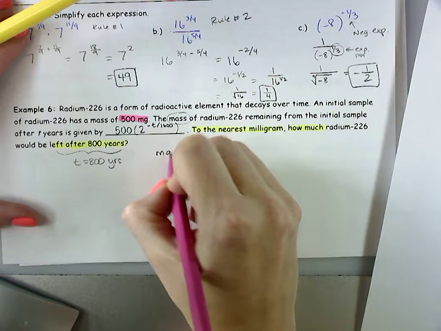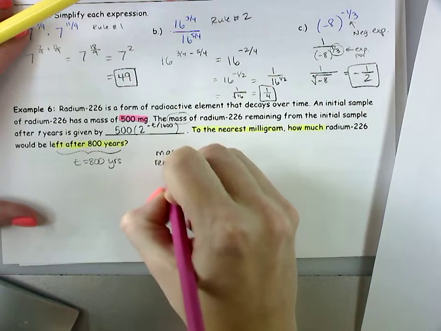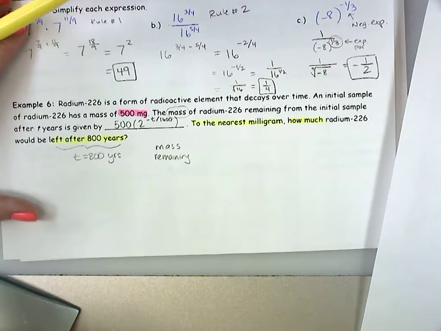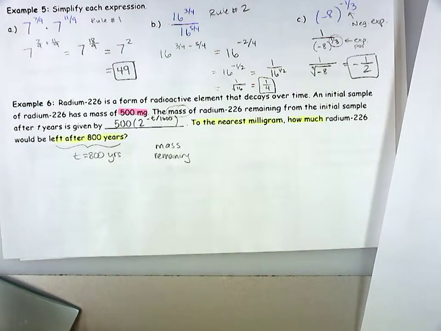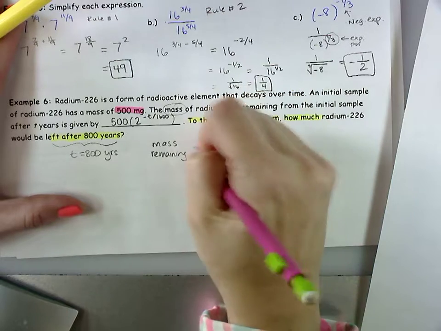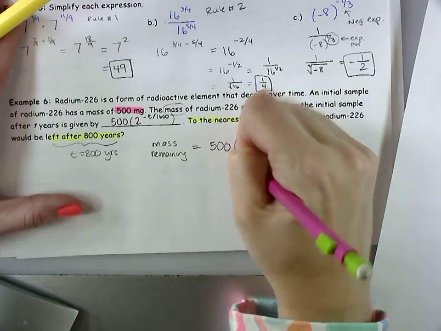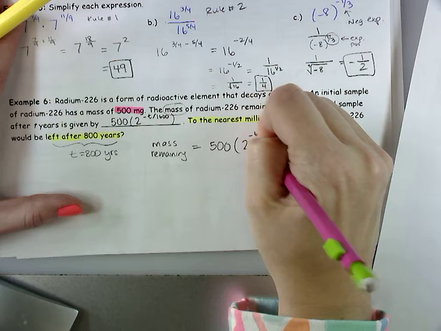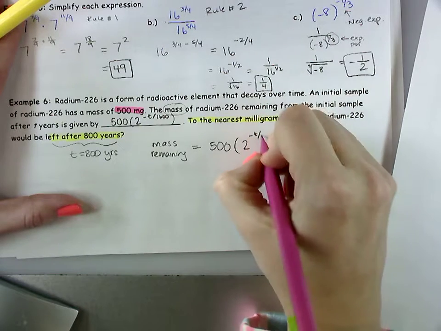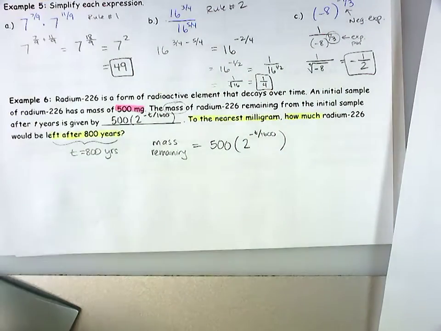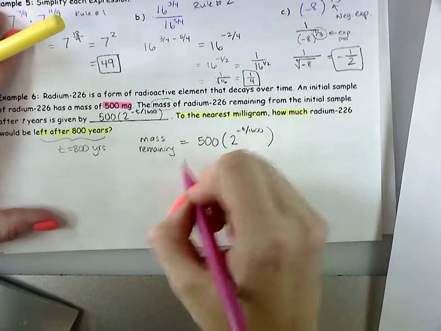So the mass remaining is going to be equal to 500, and then this is multiplied by 2 to the power of negative t divided by 1600. Okay, so if we know what our t value is, we can go ahead and just substitute that into the equation.